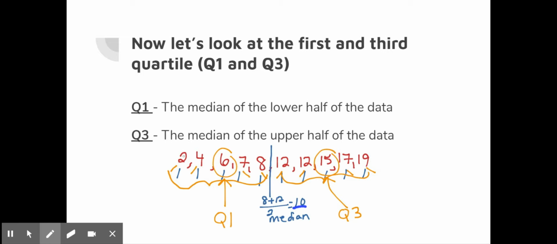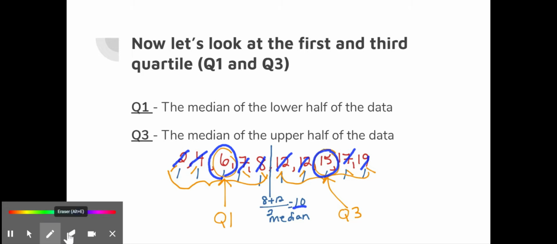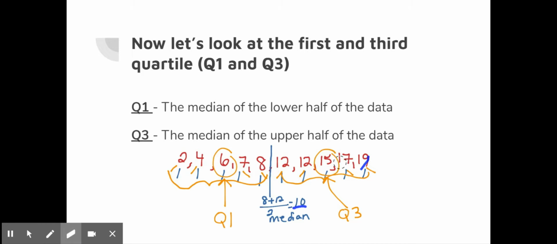And then they just cross out one on the left, one on the right, did it again, and hey, they found their quartile 1, which is also the median of the lower half. They did the same thing on the upper half, and that's how they found quartile 3. So essentially, you're finding the median 3 different times.